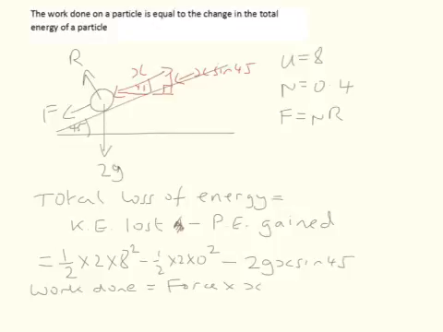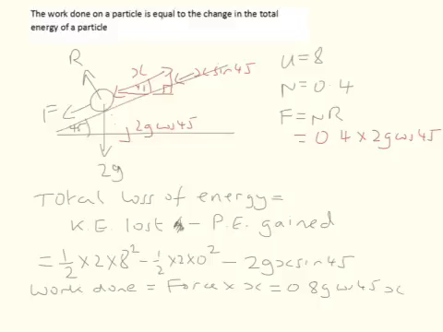Well, we need to resolve that 2g in this direction, so this is 2g cos 45. So it's 0.4 times 2g cos 45. So this then becomes 0.4 times 2, that's 0.8 g cos 45 multiplied by x.